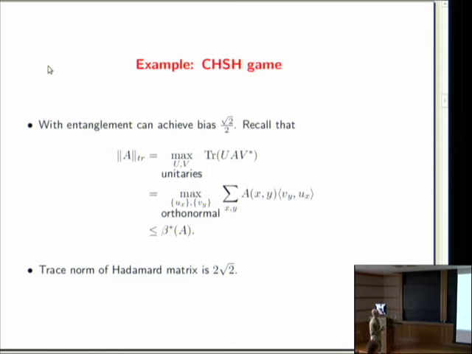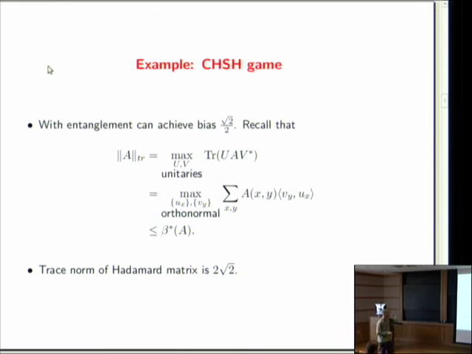I'll show something more general. Think about the trace norm of A. This is just the sum of the singular values of A, and you can write this as the maximum over unitaries u and v of the trace of u A v star. You can think of the rows of u as the left singular vectors of A, and similarly with the rows of v.